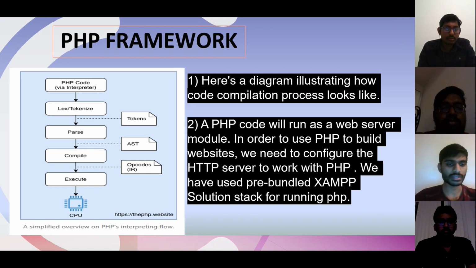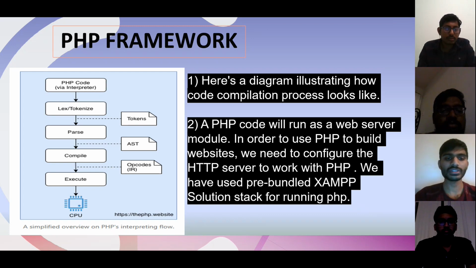Let's go to the architecture of this. When we create the PHP code, it will take the tokens. After taking the tokens, it will parse them, and we will compile it. After compiling, it converts the source code to machine code.